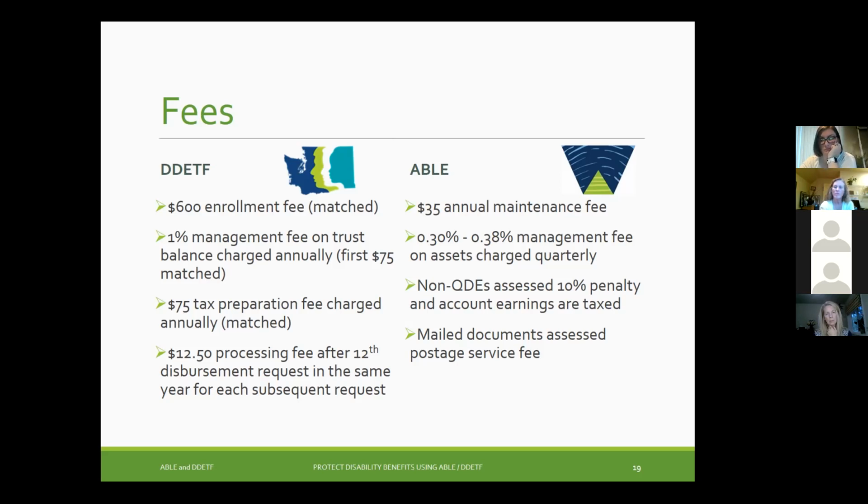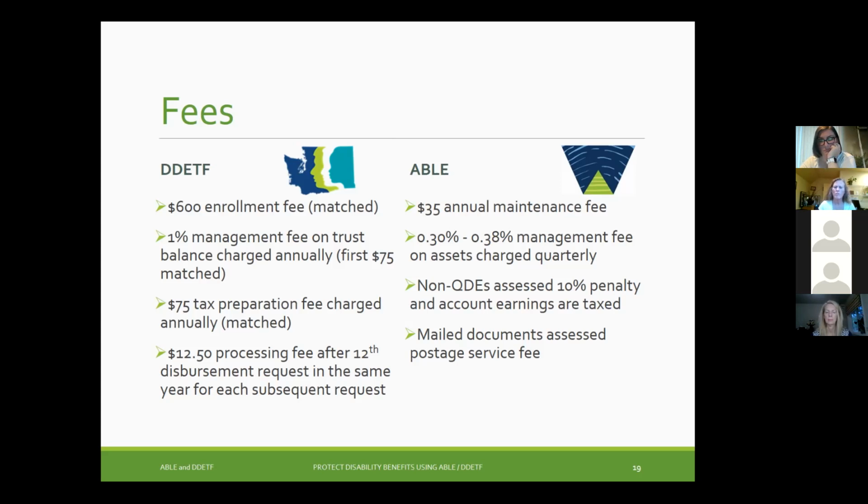If you do choose to invest your money, there is a small fee depending on what the investment is. That's charged quarterly. If you purchase anything that is not ABLE eligible, you'll be assessed a 10% penalty, and those account earnings will be taxed.